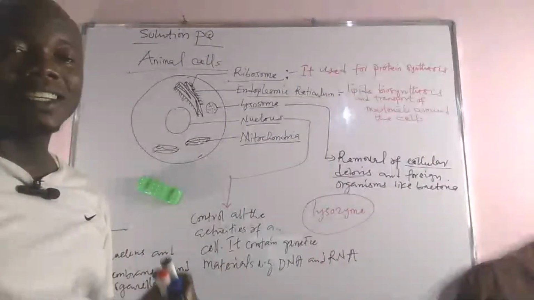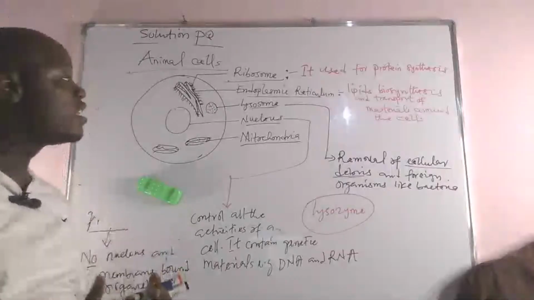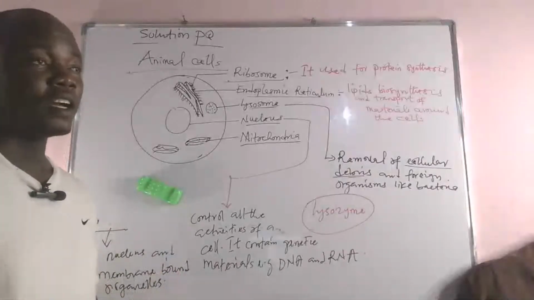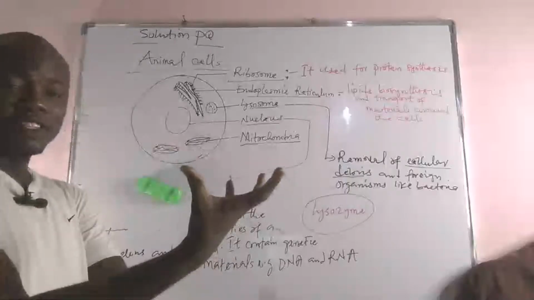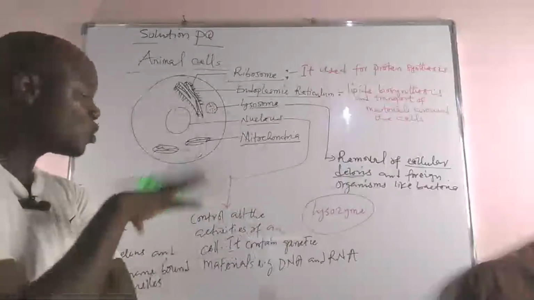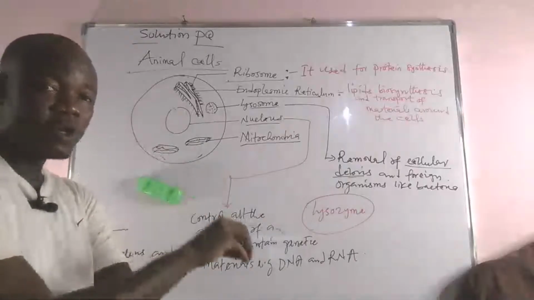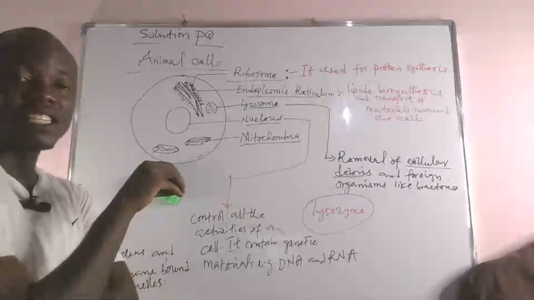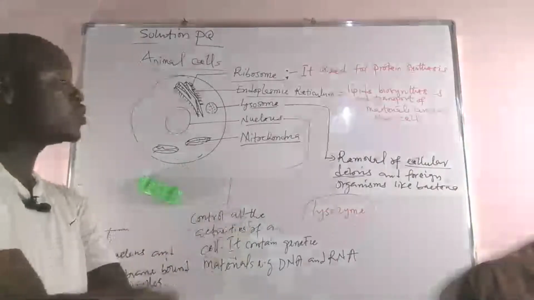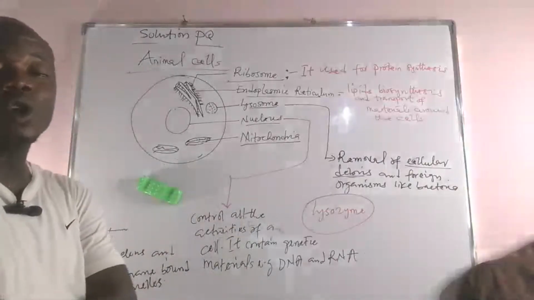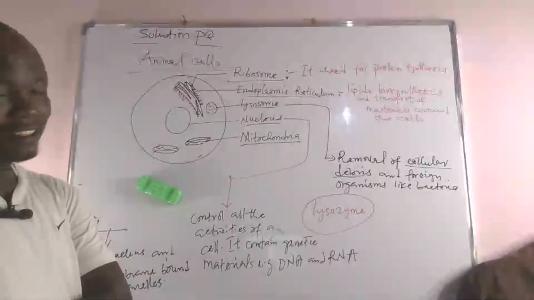DNA is responsible for coding any organelles, and cellular differentiation and specialization is all controlled by DNA. So that is why DNA is considered the language of life, because it is found in the nucleus. That is why the nucleus controls all the activities of a cell.